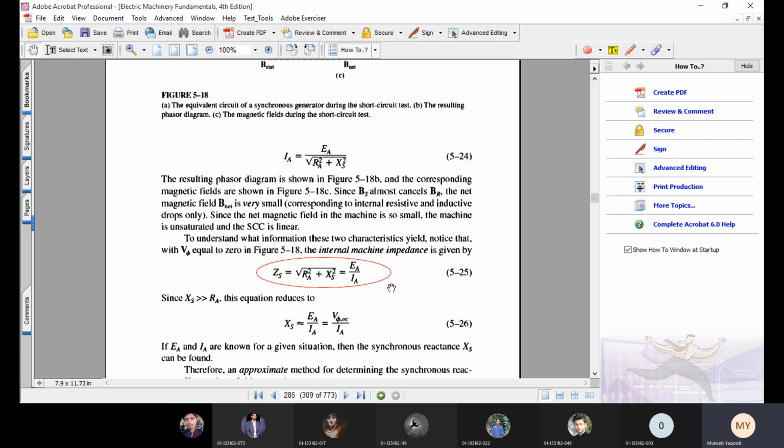Now if we have calculated RA using the DC voltage test, then we can put RA there and compute the exact XS.